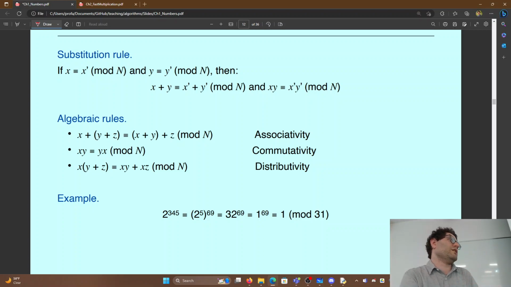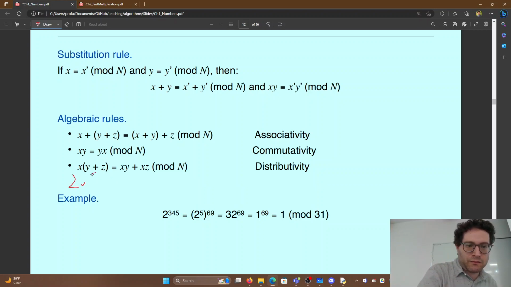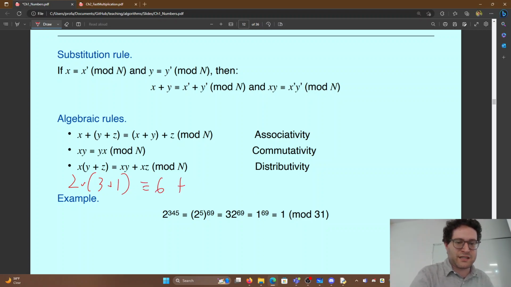It doesn't matter what order we do the multiplication in. 5 times 3 would be the same as 3 times 5. Make sense? And distribution, basically, so again, if we had, sorry, let's go ahead. 2 times 3 plus 1 is congruent to 6 plus 2 mod.